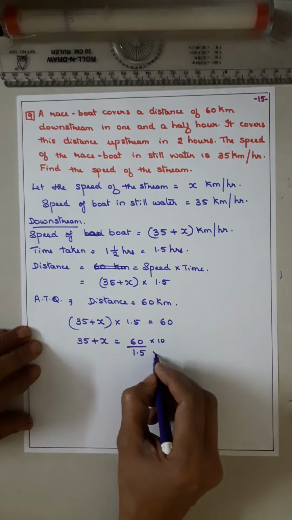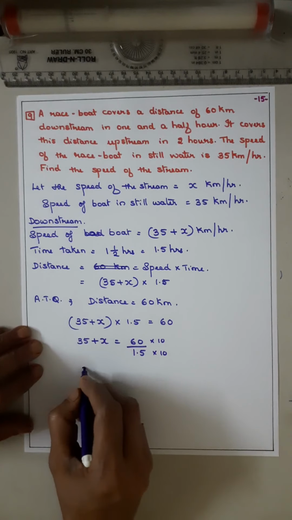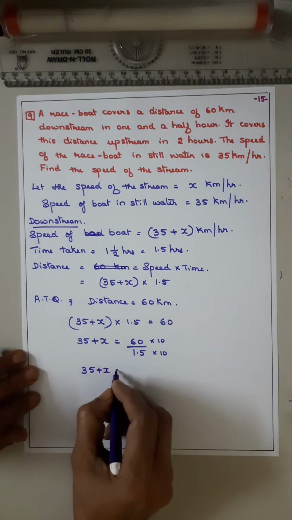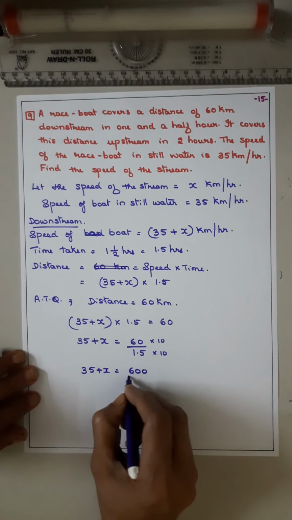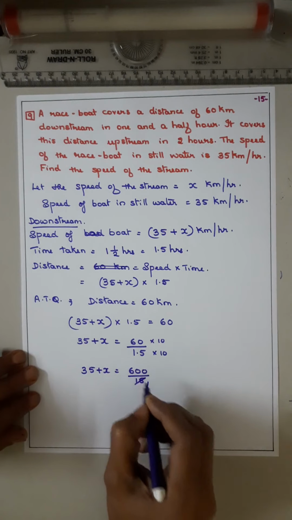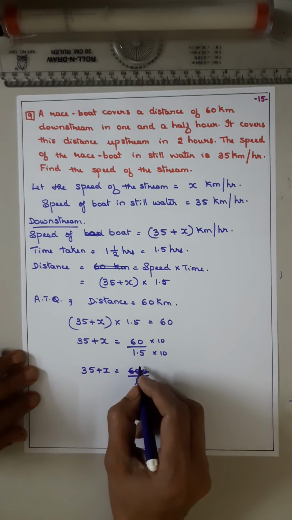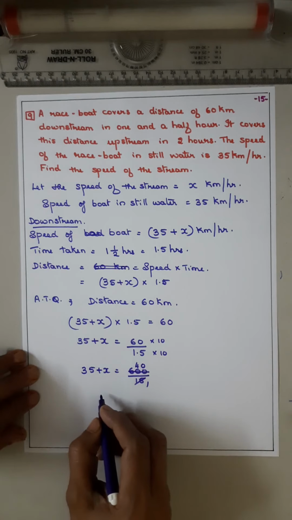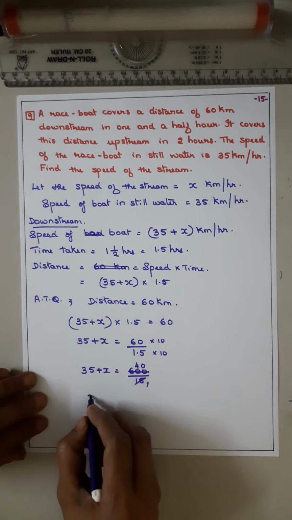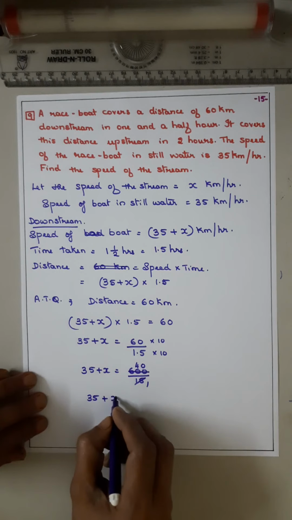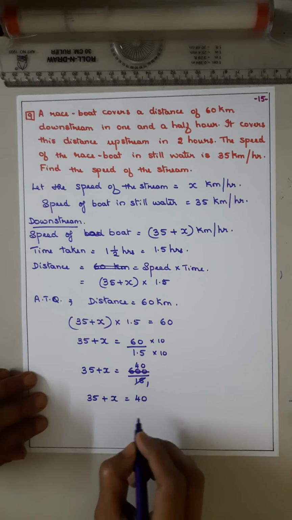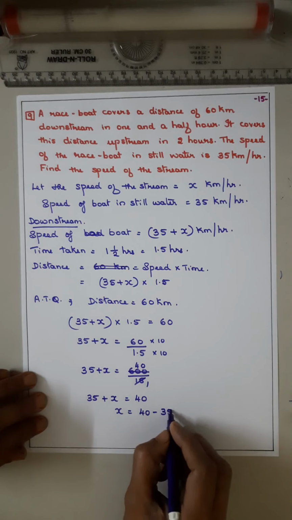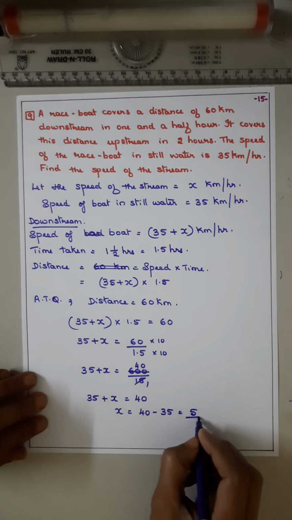So, multiply by 10 to remove the decimal: 35 plus x is equal to 600 upon 15. 15 ones are 15, 15 fours are 60, and 0. So, 35 plus x is equal to 40. x is equal to 40 minus 35, which is 5.